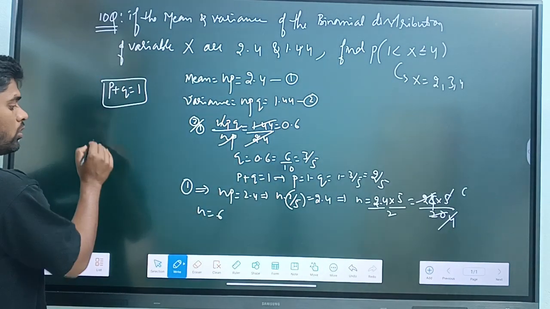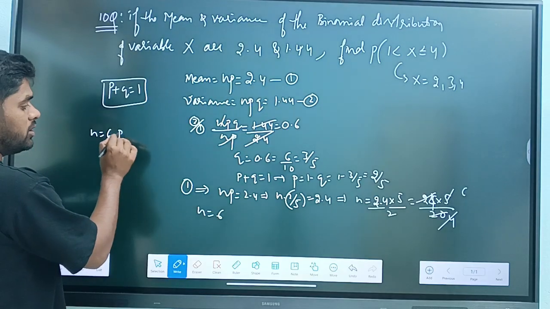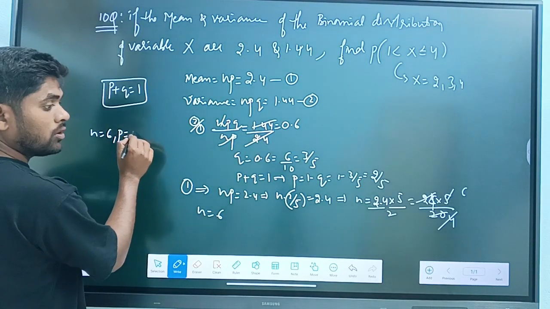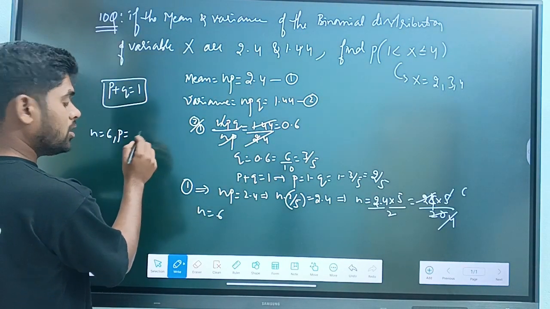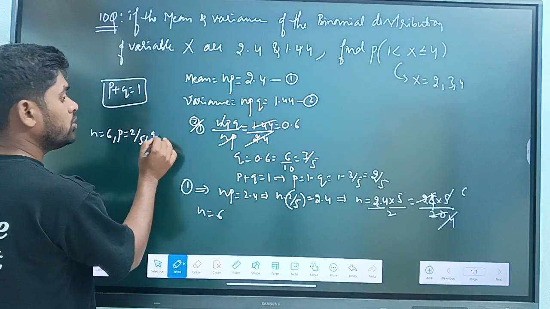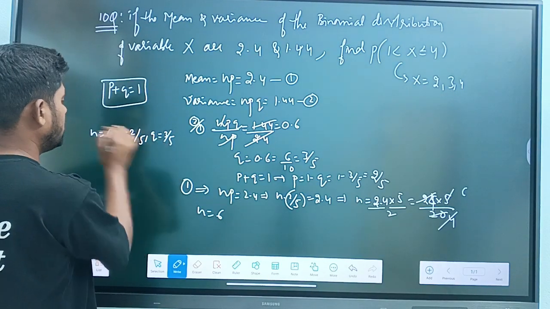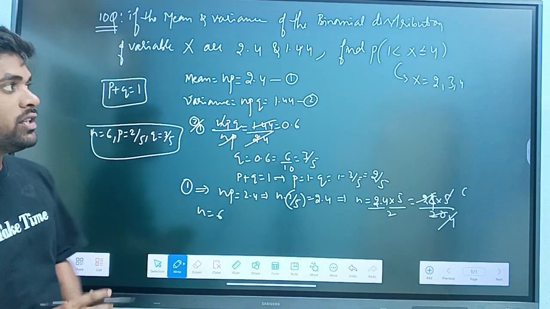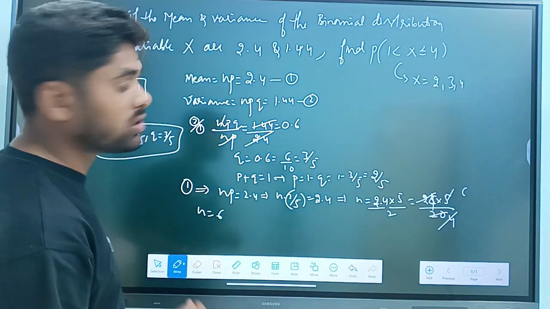Therefore n is 6, p is 2 by 5 and q is 3 by 5.